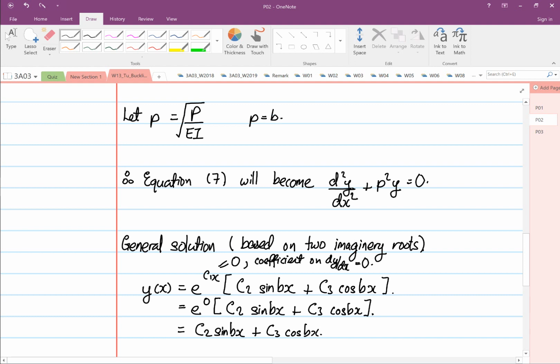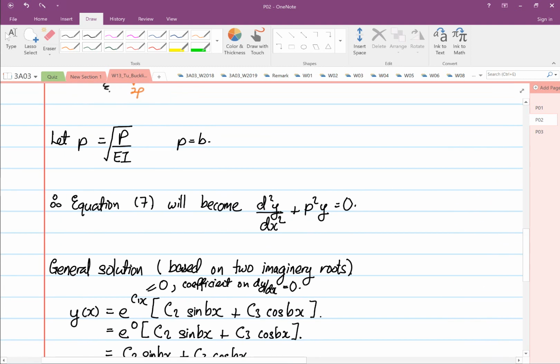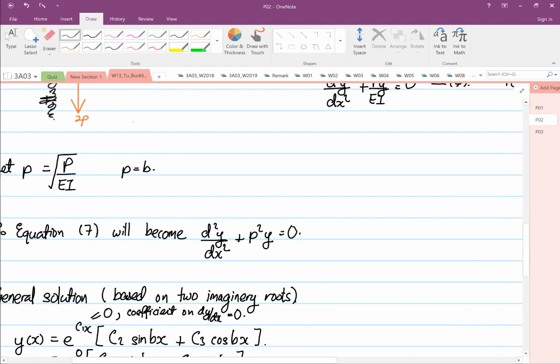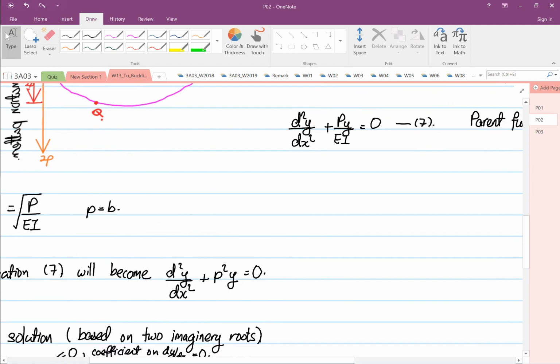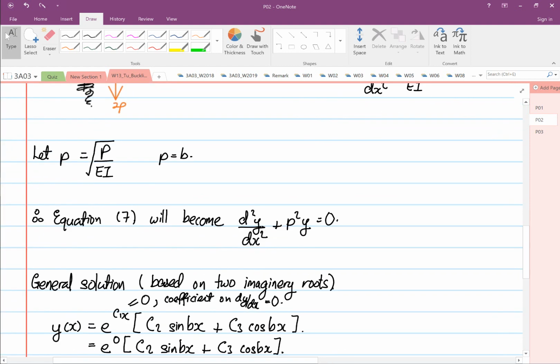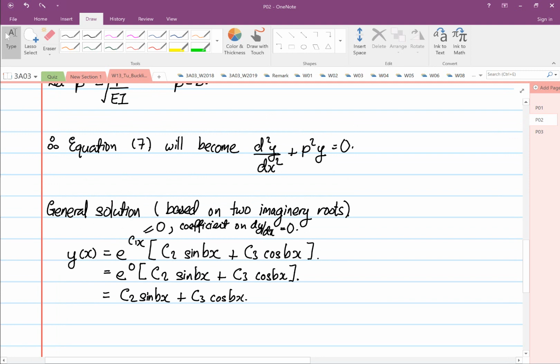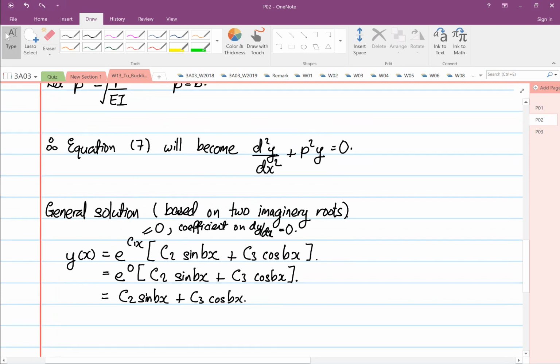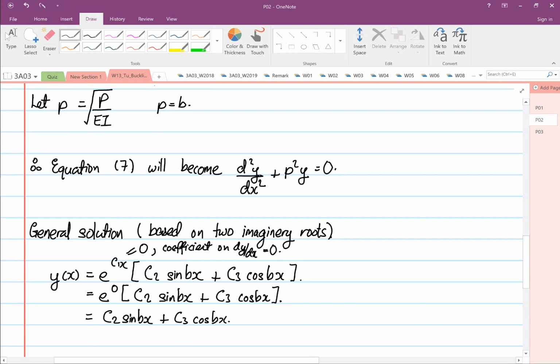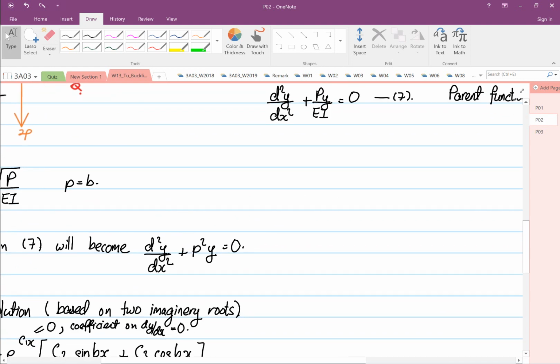I do apologize, I made this mistake earlier. Likewise, you still have this p squared. So this expression is still valid, because P over EI is still valid.